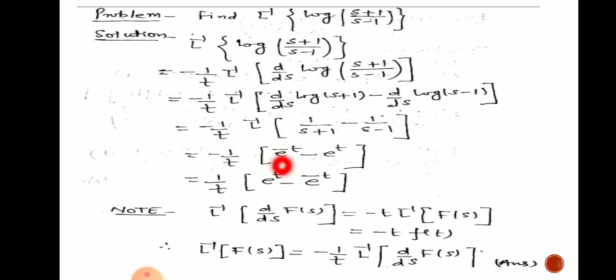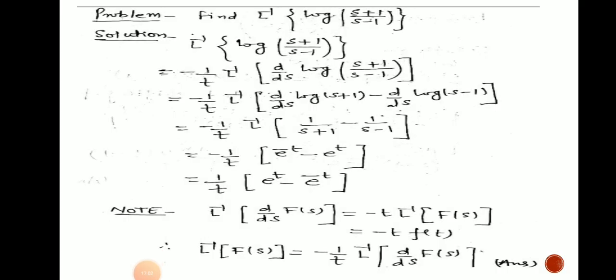Now taking the common term, this is equal to 1 by t into e to the power t minus e to the power minus t. So in this problem we have used the formula of derivative.